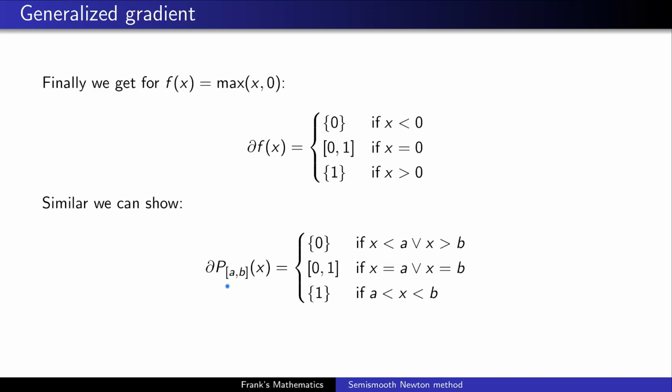If you take a look at the boundary of this interval, you are left with the same calculation, and you end up with the interval containing 1 and 0, if x is a or x is b. And on the inside, of course, the function is differentiable in the classical sense, so the generalized gradient contains only the value of the gradient. So this is just 1.